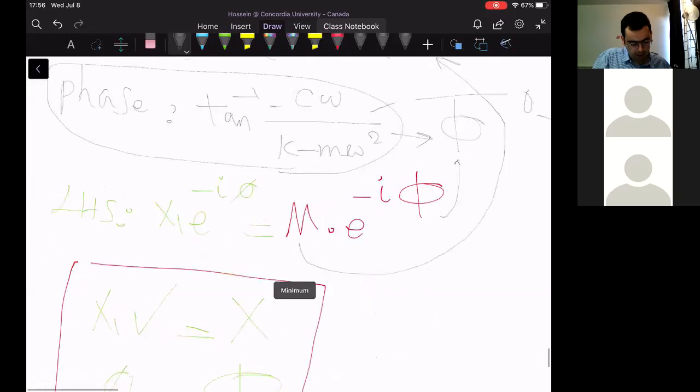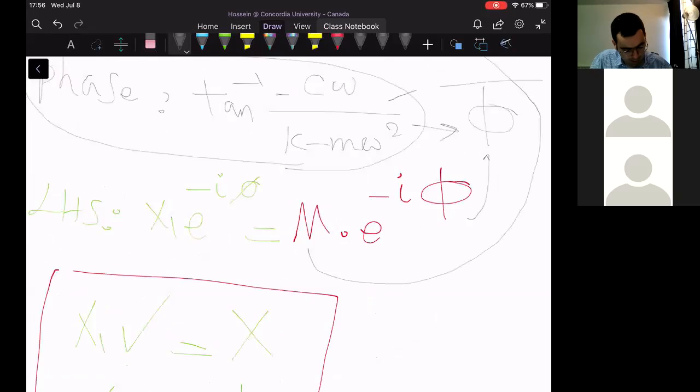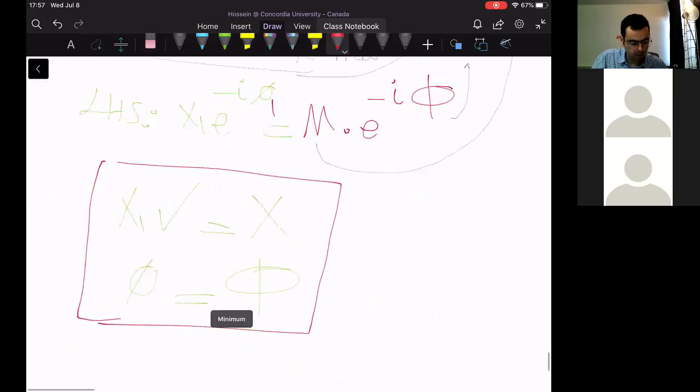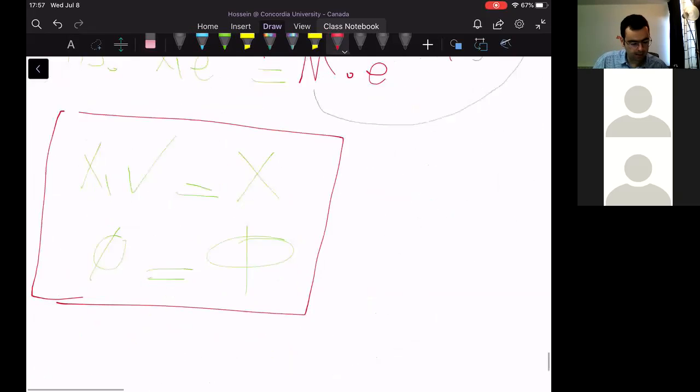So from the left-hand side, I had X1 e to the minus i phi 1, and from the right-hand side, there was a fraction for which I found magnitude M and corresponding capital phi. Therefore, by comparing the left- and right-hand sides, we can say that X1 is the magnitude and phi is capital phi.